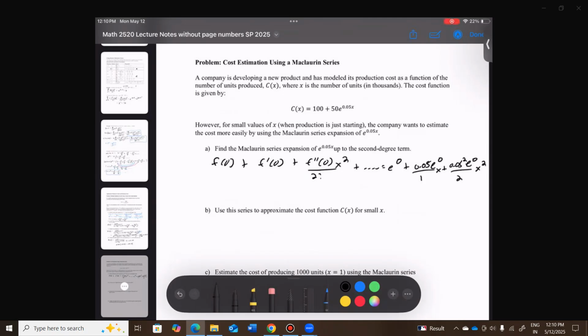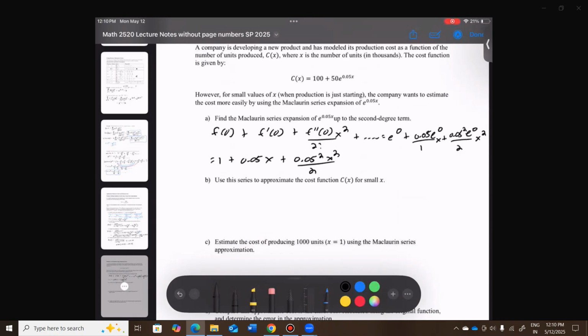I forgot the x here. And so e to the 0 is just 1, so you get 1 plus 0.05x plus 0.05 squared x squared over 2.